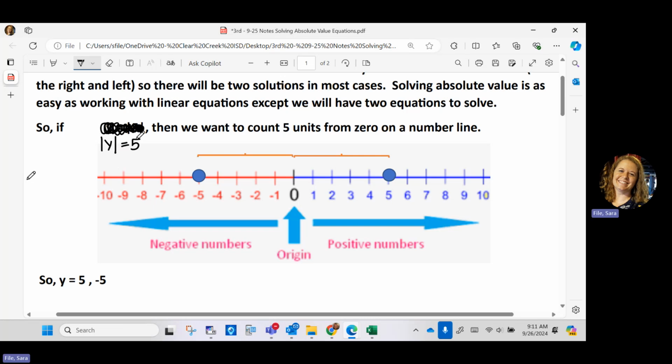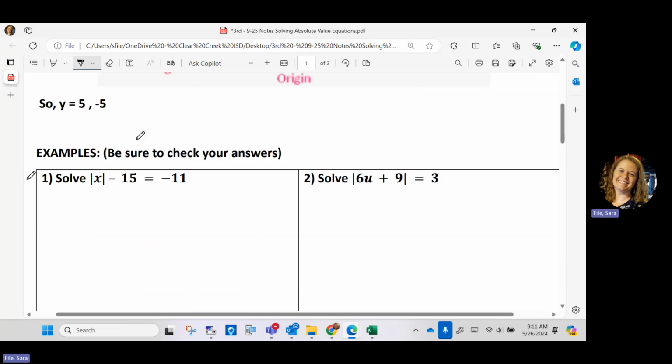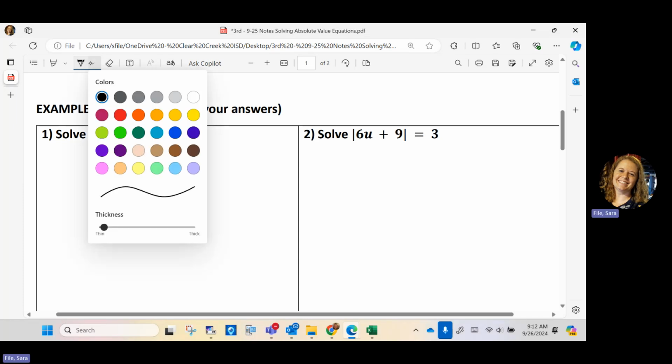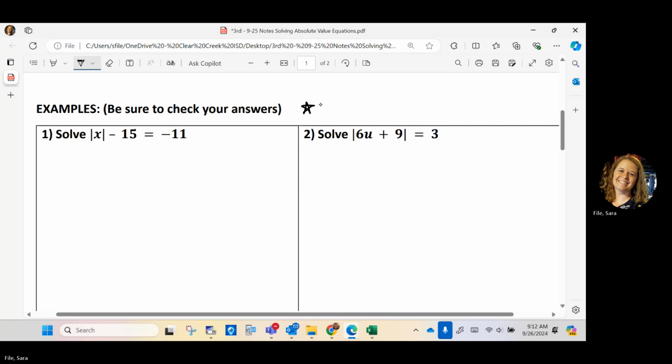With me so far? Okay, so when I have an equation and I want to solve, the first thing I always want to do is isolate the absolute value, the term or the expression with the absolute value.